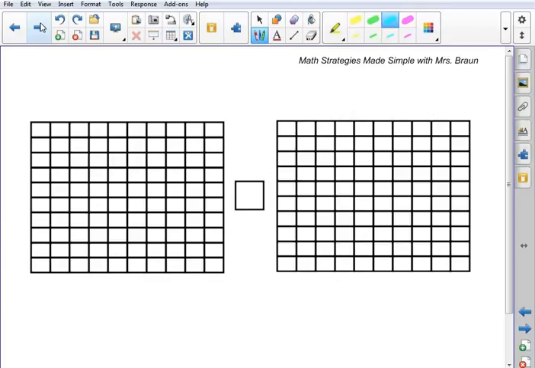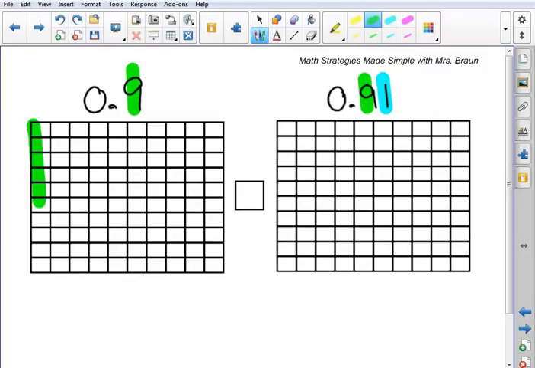Let's take a look at the example of 9 tenths and 91 hundredths. So again, I'm going to shade in these two different numbers using these base 10 grids. So with the 9 tenths, I'm going to shade in 9 of these 10s here.